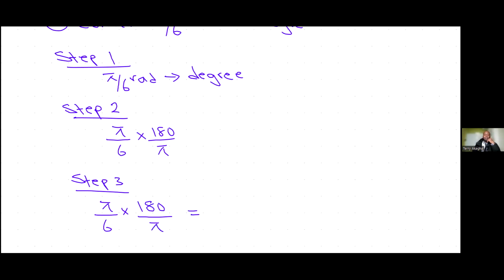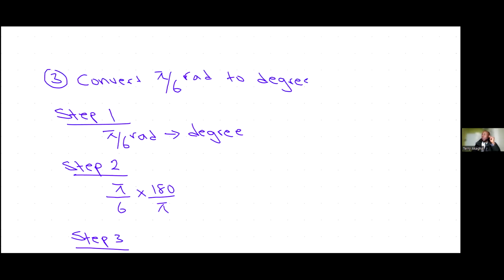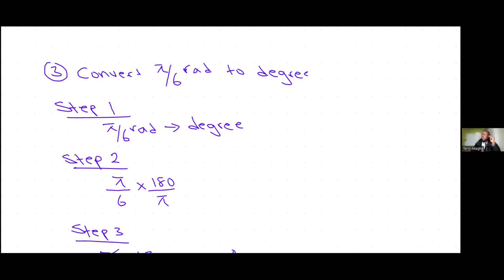So 180 divided by 6 is going to be 30 degrees. So when you convert pi over 6 radians to degrees, the answer you're going to get is 30 degrees.